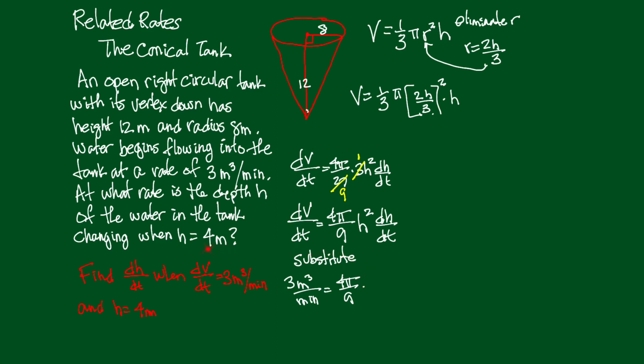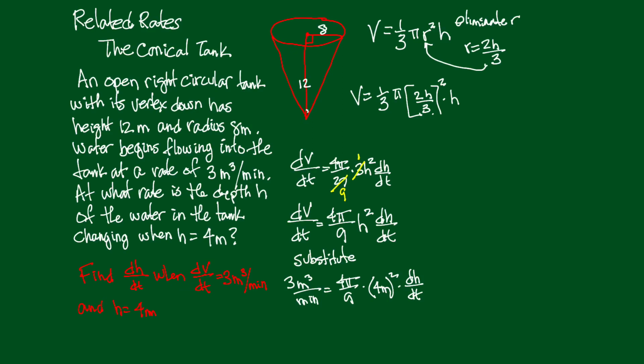We're finding the rate at which h changes when h is at 4 meters. So I'm going to put 4 meters in for h. So this is going to be 4 meters squared times dh/dt. And of course we don't have a value for dh/dt because that is what we're trying to find.